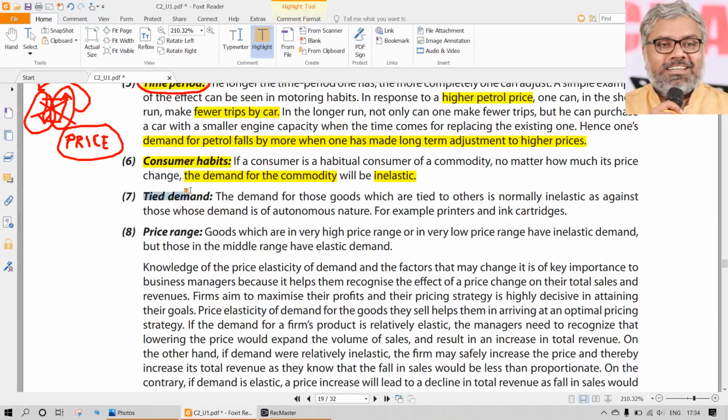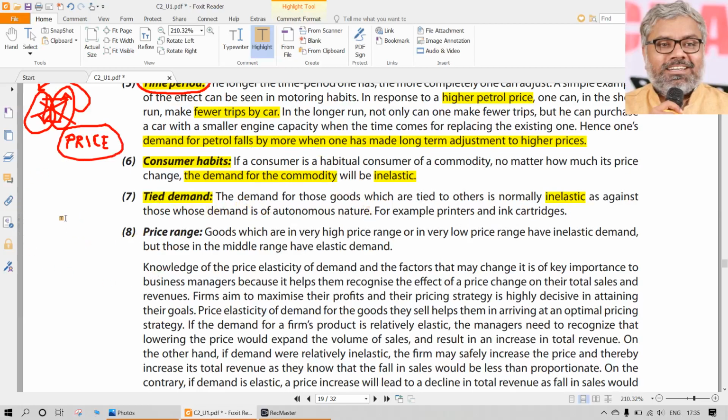And sometimes the demand could be a tied demand. Tied demand can also be known as related demand or dependent demand. So tied demand means what? The demand of these products is tied to some other products. So the goods which are tied to others are relatively inelastic. Why? Because they do not have their own demand. Their demand depends upon others' demand.